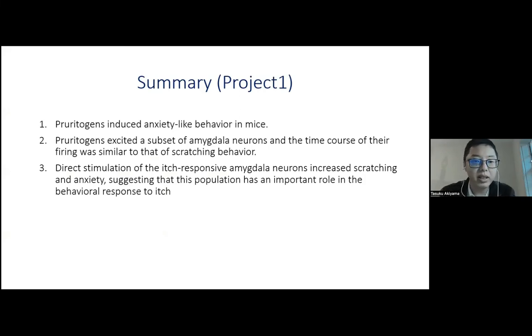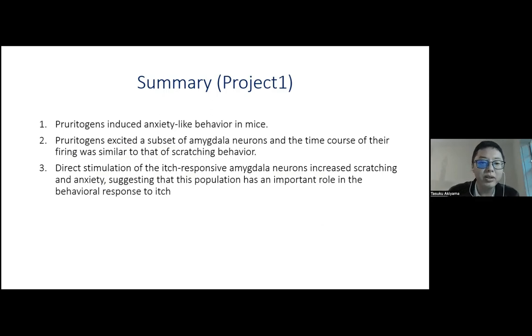So here's the summary. We can induce anxiety-like behavior after the itch-inducing chemical injection in mice. We can confirm that a subset of the amygdala neurons show increased firing after the injection, and the firing time course is very similar to that of the scratching behavior.